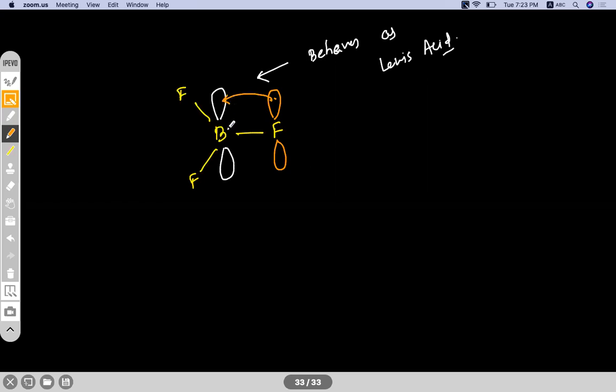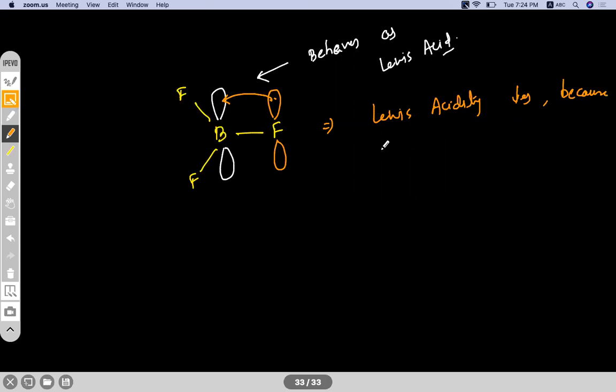Since boron accepts electrons from fluorine, it has less tendency to accept electrons from any other molecule. Means its Lewis acidity decreases because of back bonding.